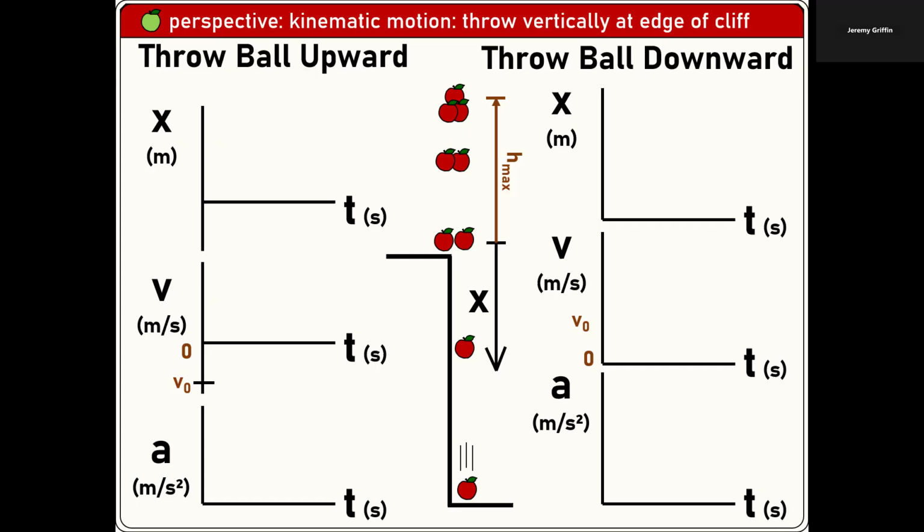How could I show that on these graphs? What if I throw the ball straight down? Does it ever change direction in that case? No, it's already on the move and then it just goes faster until it finally crashes. How does that show up on these graphs?